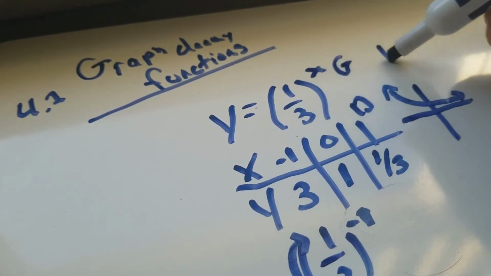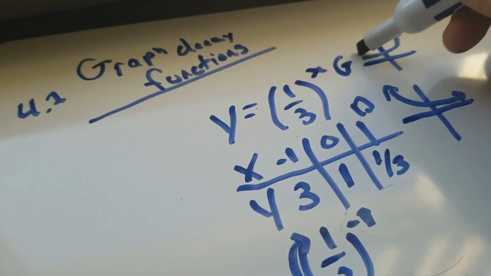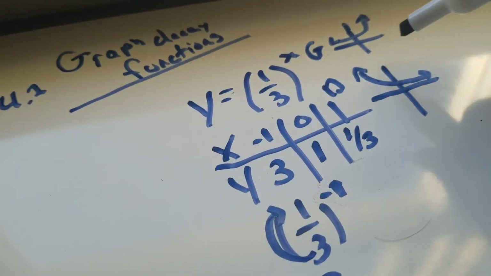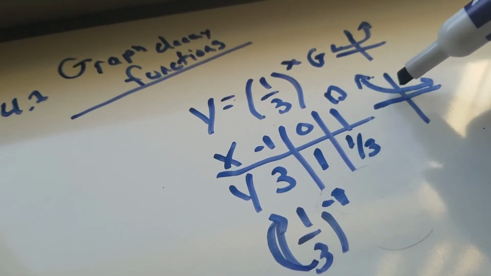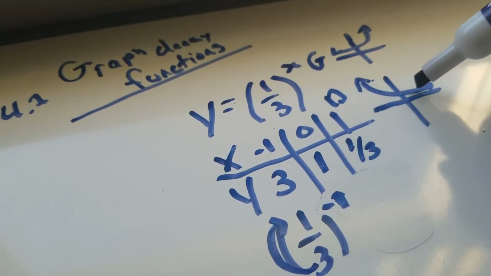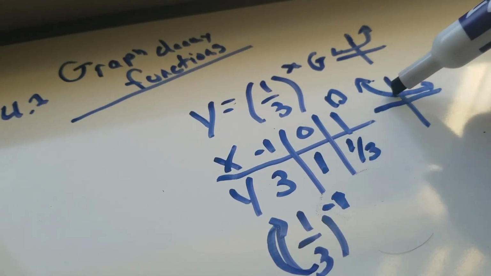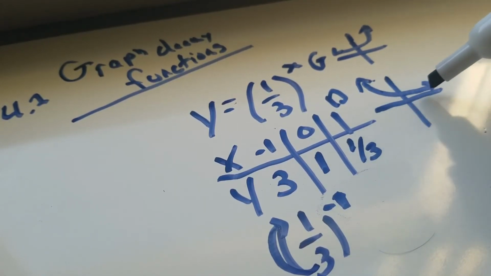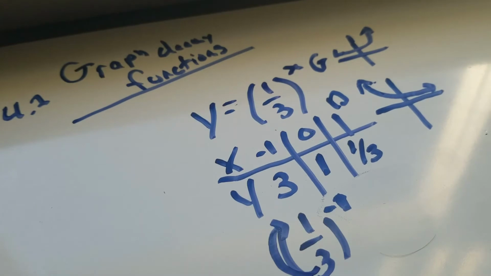The growth one looked like this. Starting from the left, I'm growing to be a bigger number. Decay means I'm withering. I'm getting smaller, I'm shortening, I'm decaying down to a lower number. So it kind of looks like this. And very important, it doesn't pass below the x-axis. I might talk about either in this video or the next why it never passes the x-axis and what we call that, if I talk about it at all.